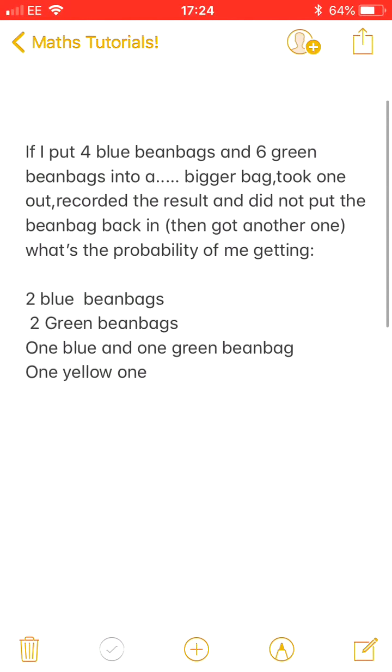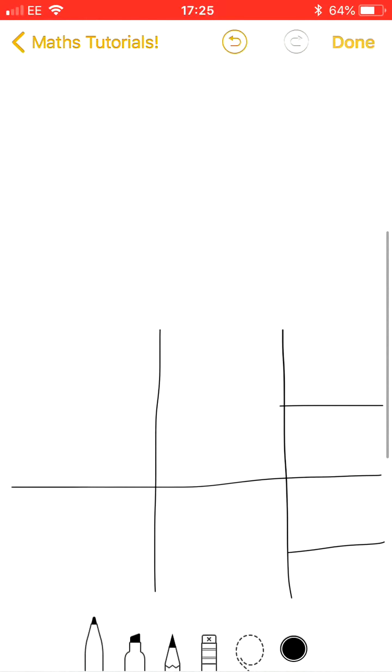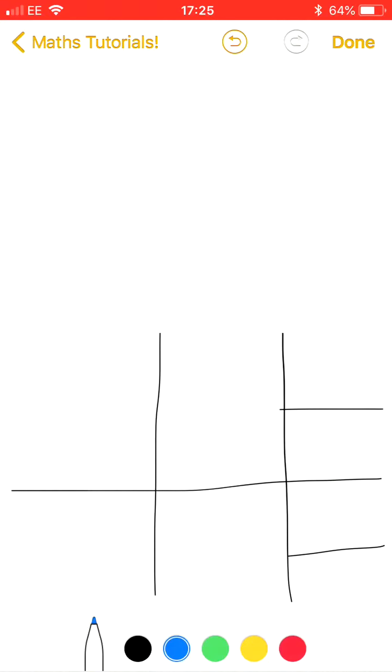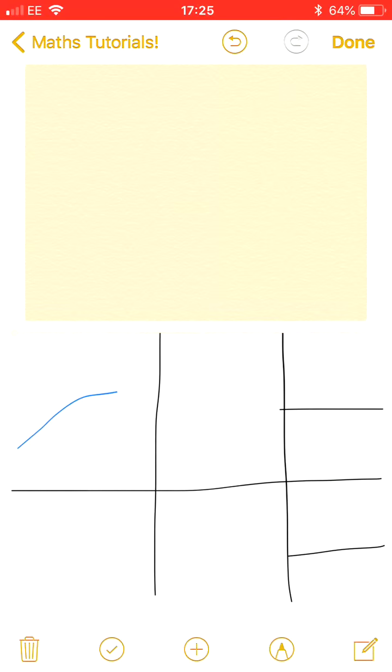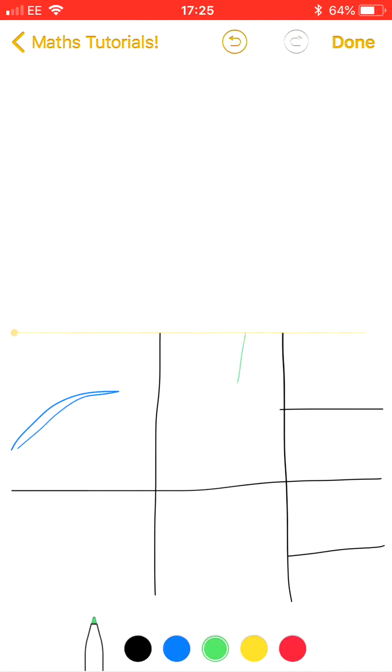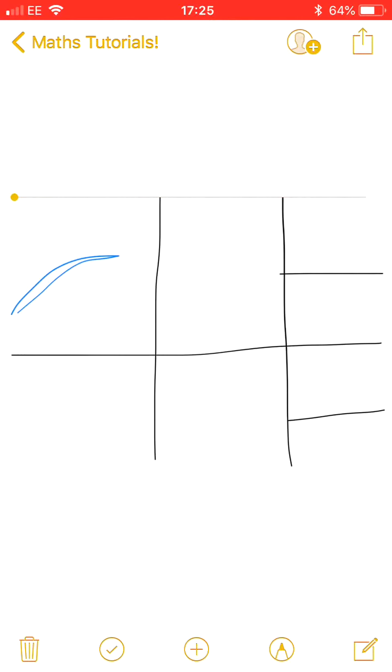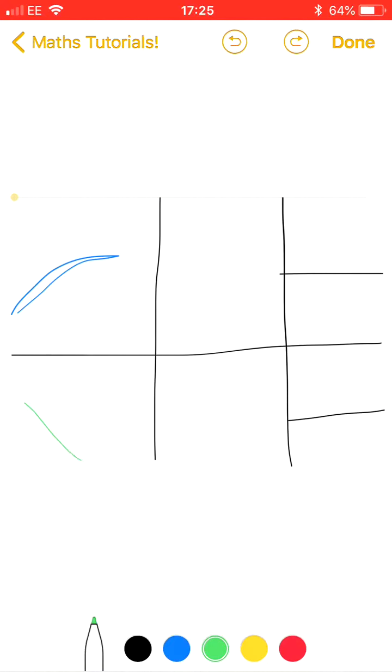Here we need 4 blue beanbags, which is represented by this line, and we have the green beanbags represented by a green line. On your first go, this is what can happen. You can either have a blue beanbag or a green beanbag.